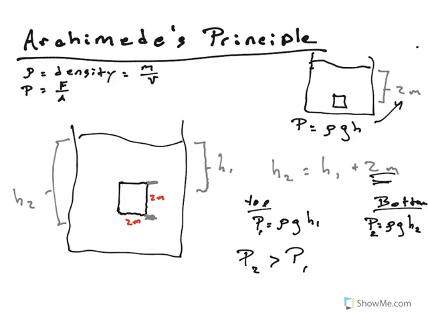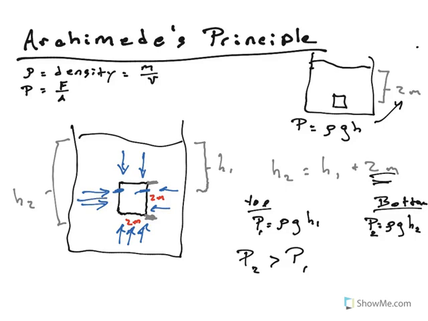If we visualize that, the top of the box has a certain amount of pressure. Of course, the sides have a certain amount of pressure from the fluid, and the bottom has a certain amount of pressure. If you look at the sides, this part of the side and this part of the side are at the same depth, so they just cancel.